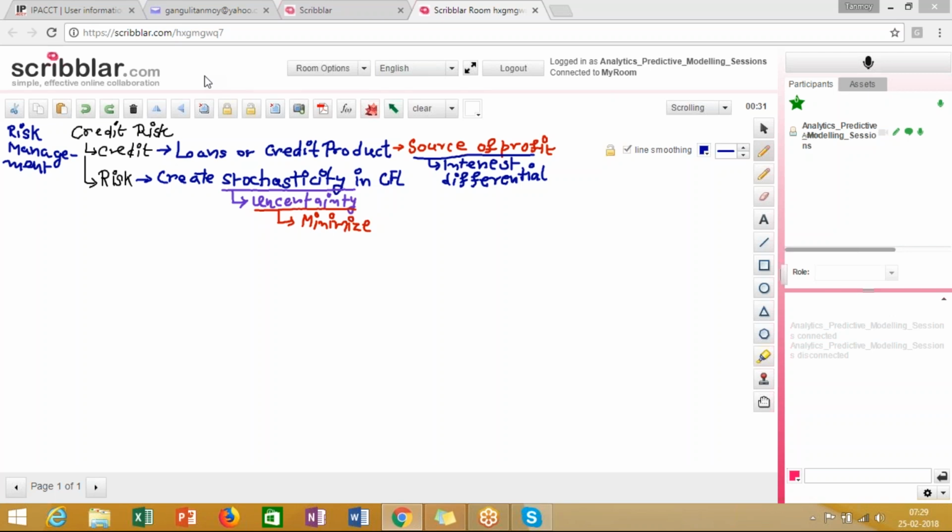So credit allocation is one of the major objectives that the risk management strategy would have, right? So this is the basic idea. And when we are studying credit risk modeling, we are trying to develop risk management ideas, or we are trying to manage the risk at different stages of a customer's credit life cycle, right?